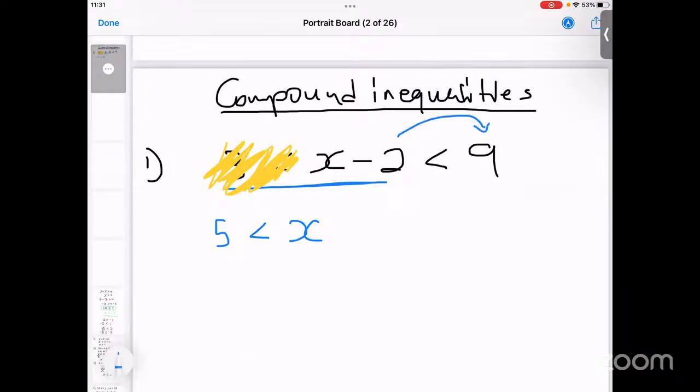It therefore changes the sign. It becomes a positive. So you are having 9 plus 2, which is 11. So definitely you're going to have x less than 11. So can you see? That's what we mean when you say you are doing 2 in 1.